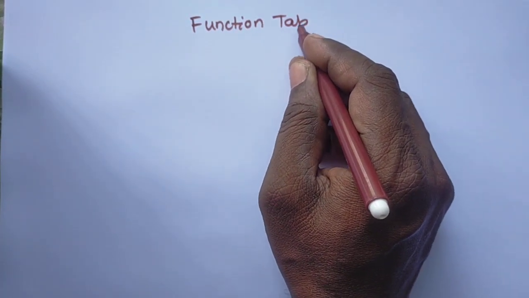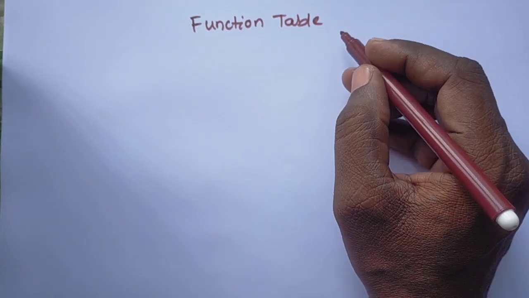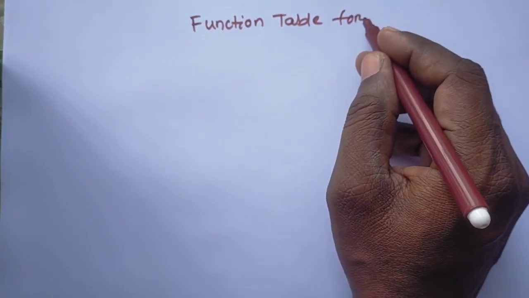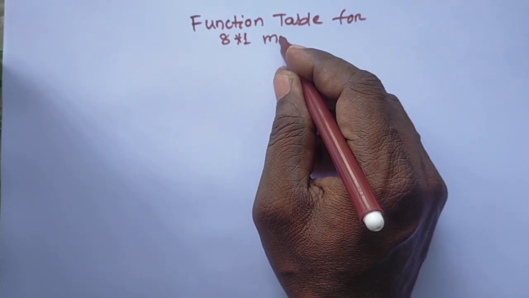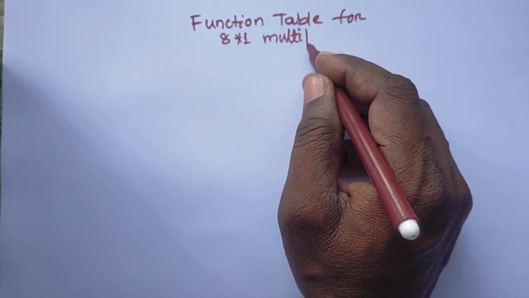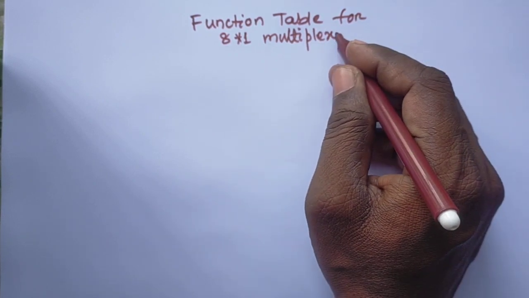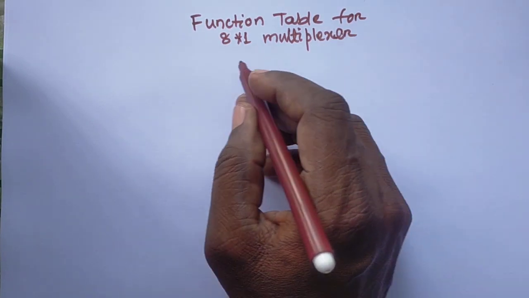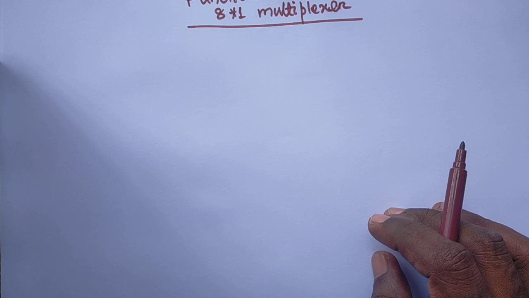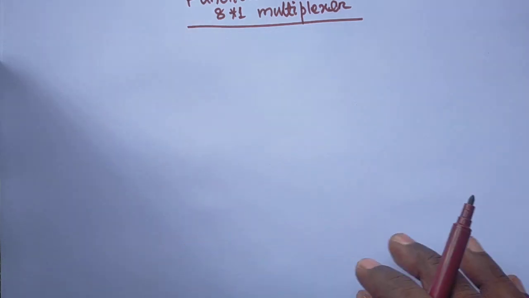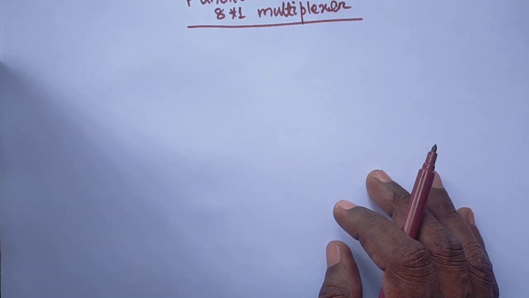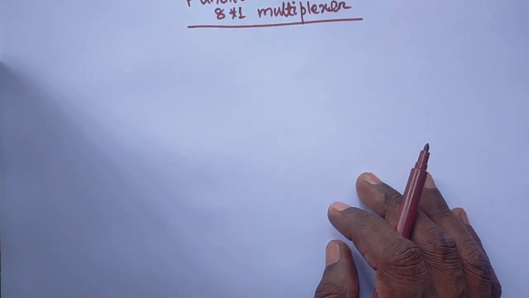Function table for 8 to 1 multiplexer. Okay, we have to design the function table in a very simple way. So how many inputs can we consider? Normally 3 inputs are considered as selectors. So we choose the selectors, and there is one output.